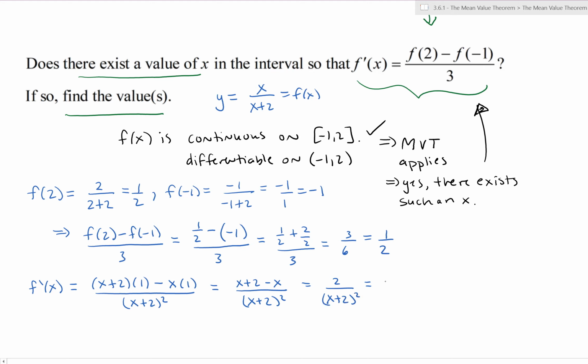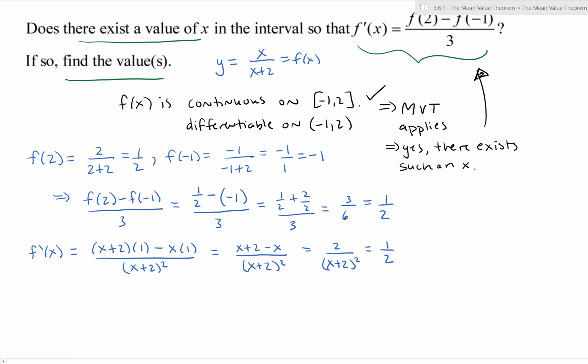And remember, we're setting this equal to the average rate of change of the function over the interval, so equal to 1/2. Now we have to solve that particular equation, which is the same as, if I divide both sides by 2, a 1 over an x plus 2 squared equal to a 4th, or equivalently, 4 is equal to x plus 2 squared.